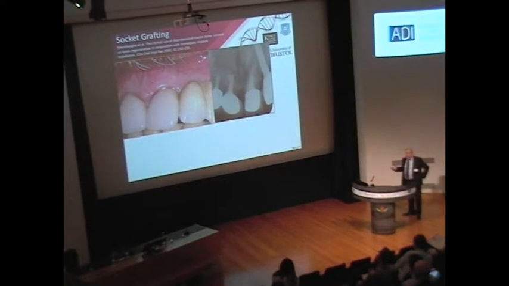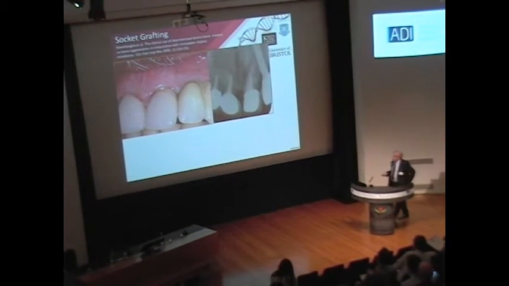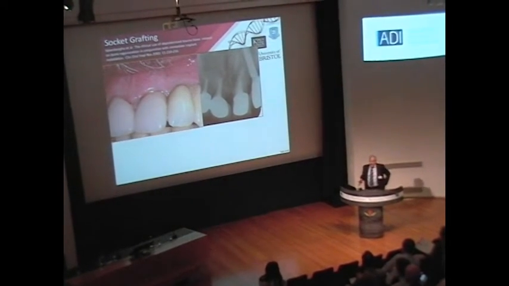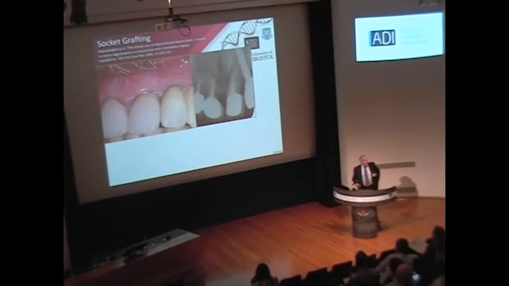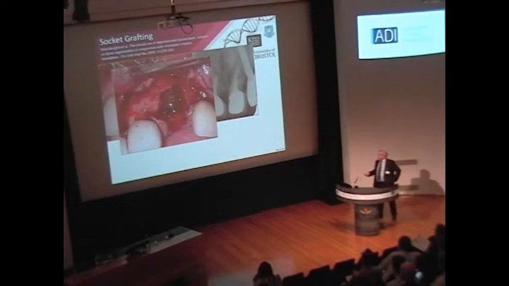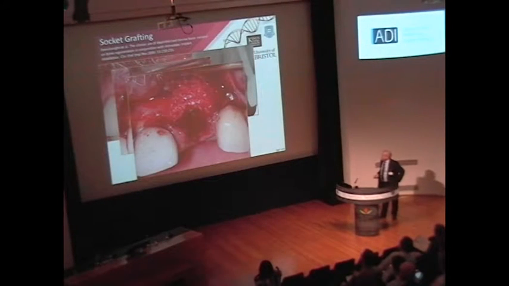So, you then have an idea, comes out in 2000, that you can hinder socket resorption by putting in some sort of xenograft. And the idea is, you've got a lot of bone disappearing, let's stick a lot of xenograft around there, and we're going to get a wonderful result out of it.